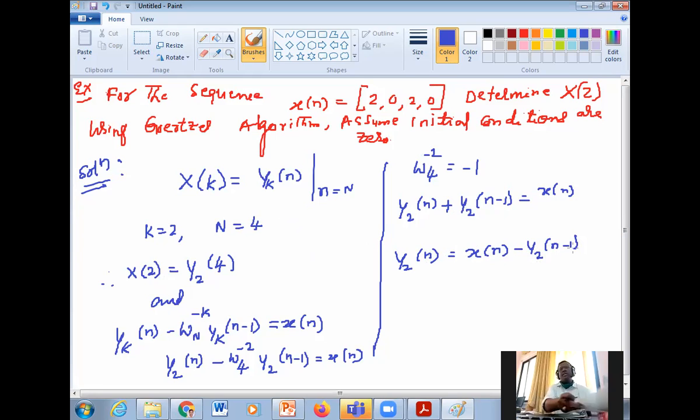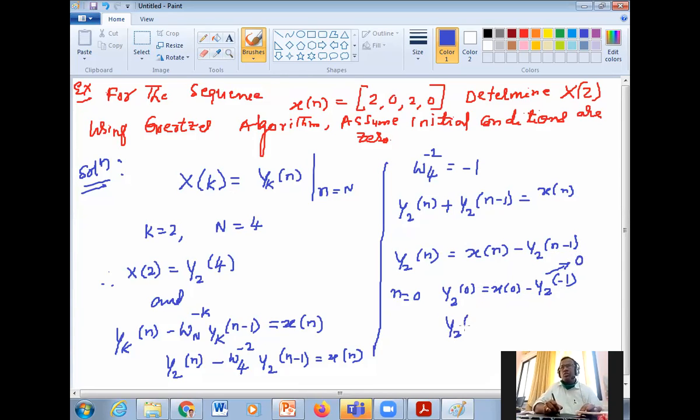Now by substituting the values of n, first at n equals 0, we write y2 of 0 is equal to x of 0 minus y2 of minus 1. As we have taken the initial condition as 0, we can put this value as 0.